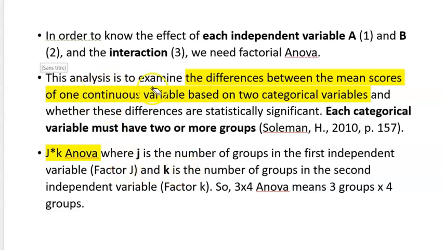So this analysis examines the differences between the mean scores of one continuous variable, here the number of people followed on Instagram, based on two categorical variables, and whether these differences are statistically significant. Each categorical variable must have two or more groups.